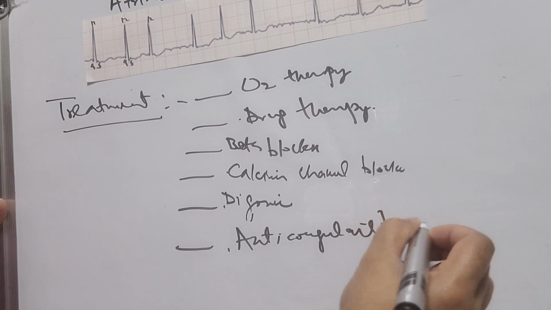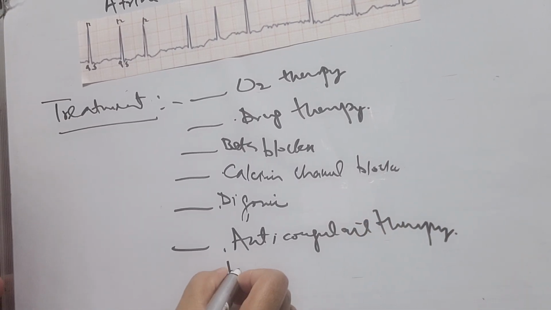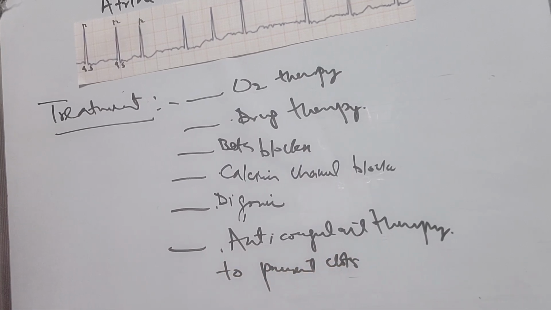Anticoagulant therapy is very, very important to prevent clots, because this is related to the atria, so the atria quivering causes pooling of blood in the heart, which increases the risk for clots.